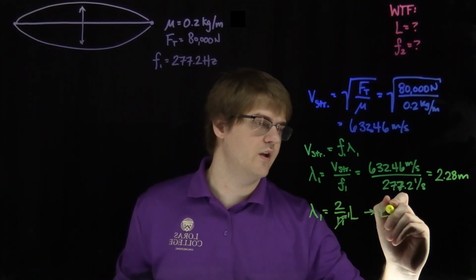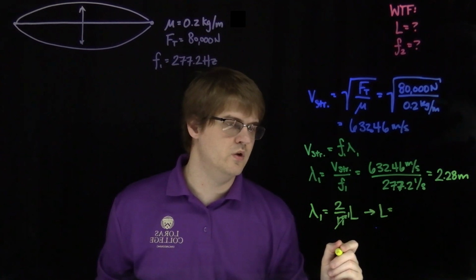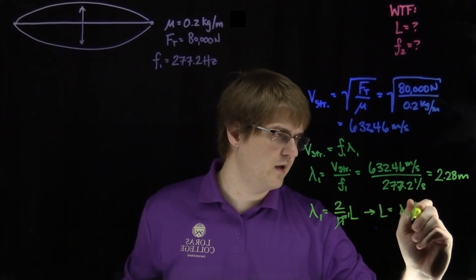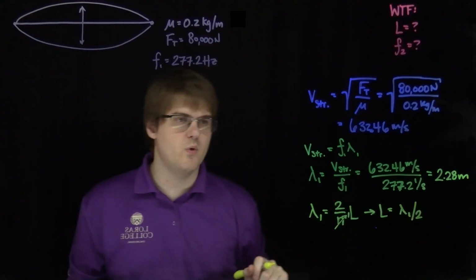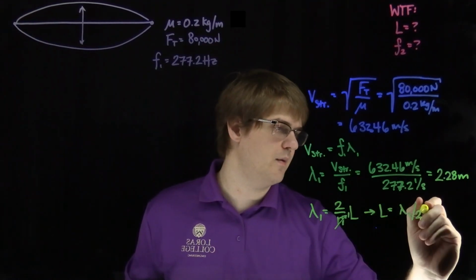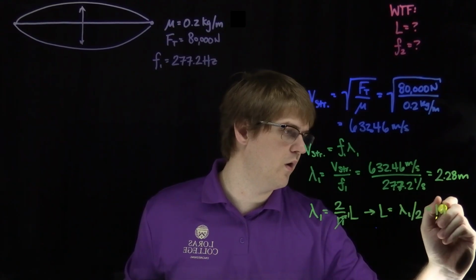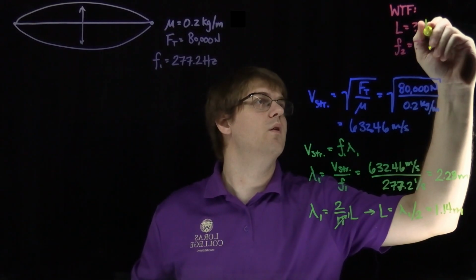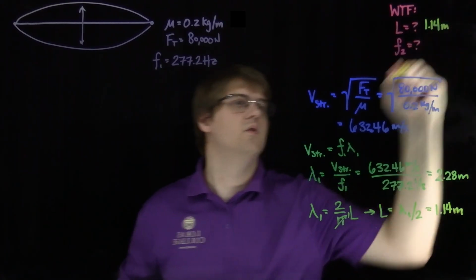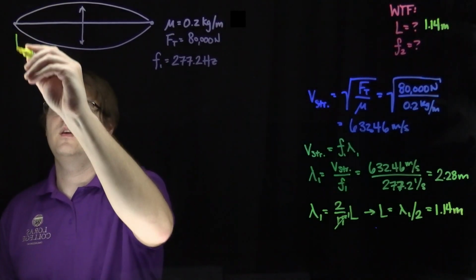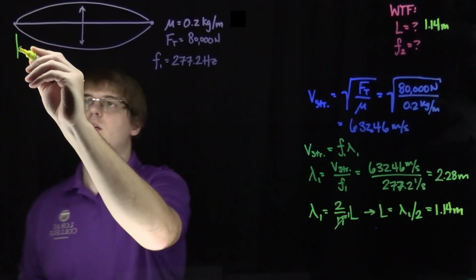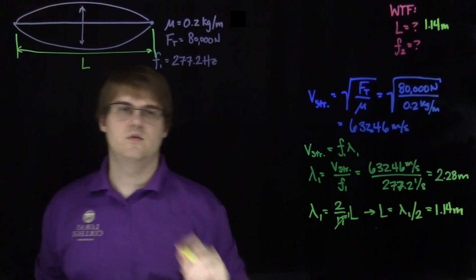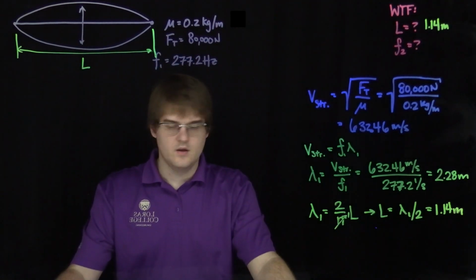So the length of my string is going to be equal to my wavelength divided by 2, which is 2.28 divided by 2, which is going to be 1.14 meters. And for the record, that length is the distance that I have right here. That is that length. Okay.